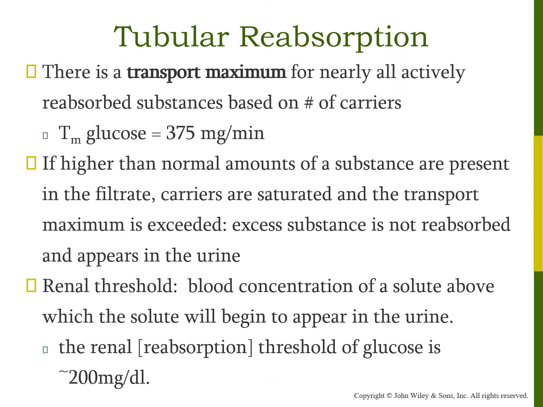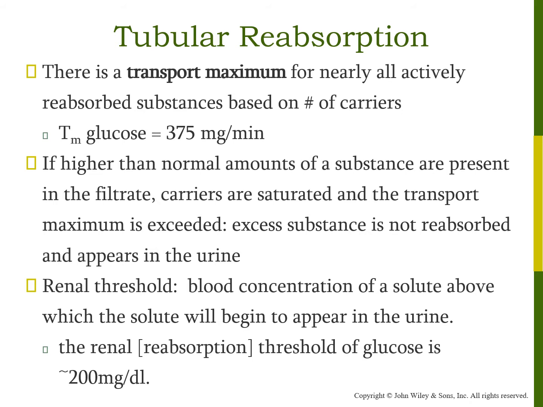Almost all substances that are actively transported in this way have what is called a transport maximum. This is based on the number of carriers or transporters for that substance and speaks to the rate at which that substance can be maximally reabsorbed.